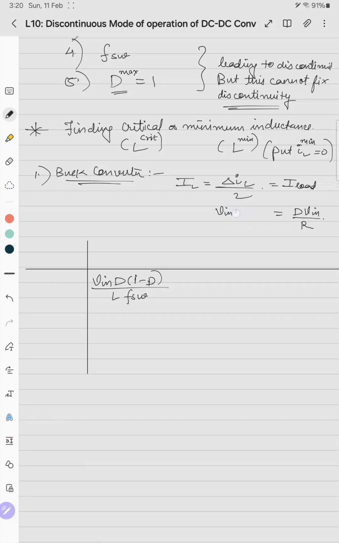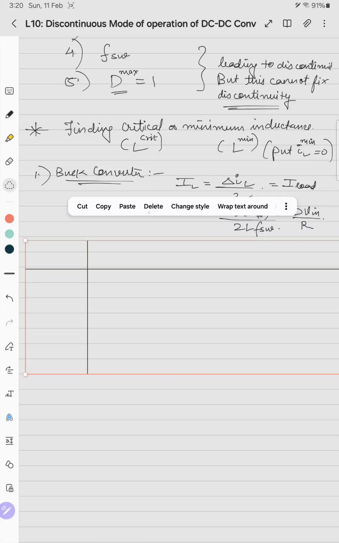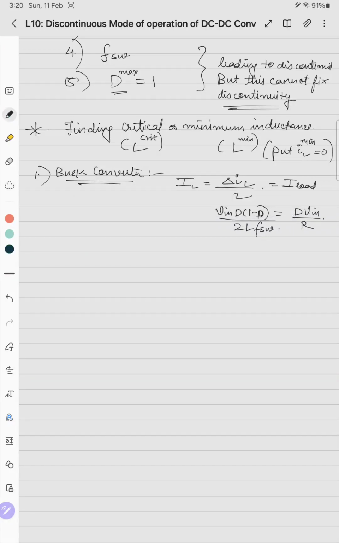It will be Vin into D into (1 minus D) by 2 L F switching.